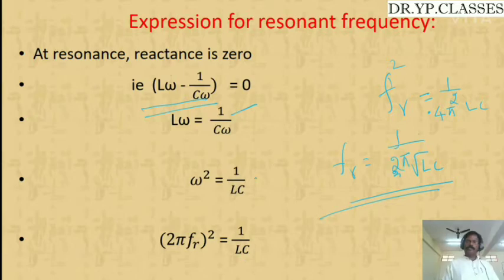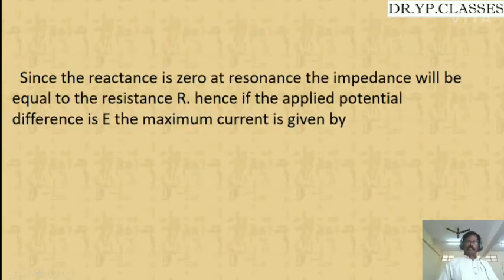So this is the expression for the resonant frequency. Since the reactance is 0 at resonance, the impedance will be equal to the resistance R, and hence the applied potential difference is E.